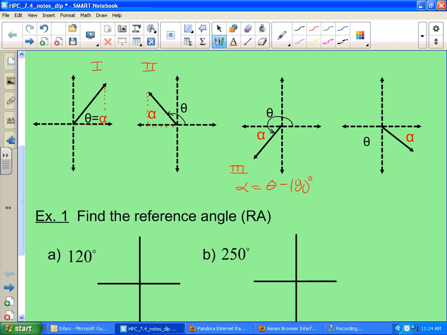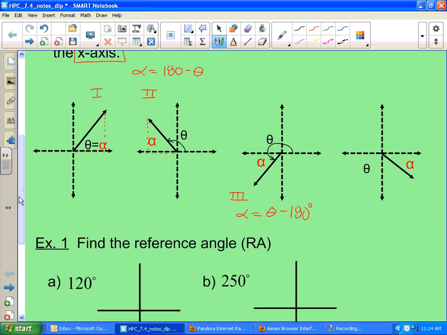So there's my rule for finding reference angles in quadrant 3. Now remember, we're writing rules that involve calculations of reference angles, but let's say I knew what my reference angle was, but I wanted to find theta. I could take any of these and solve for the different variables.